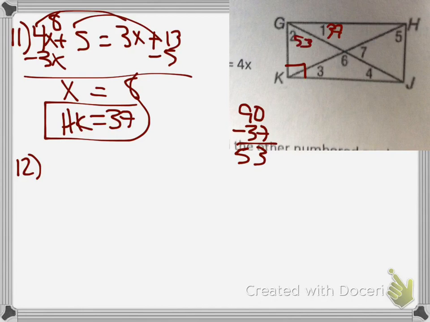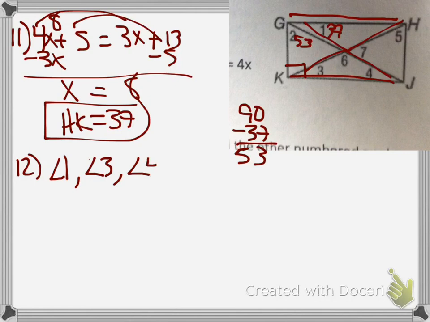Now, what happens here is this triangle and this triangle down here are congruent. So if angle 1 is 37, so is angle 4. So angle 1, angle 3, and angle 4 are all congruent.